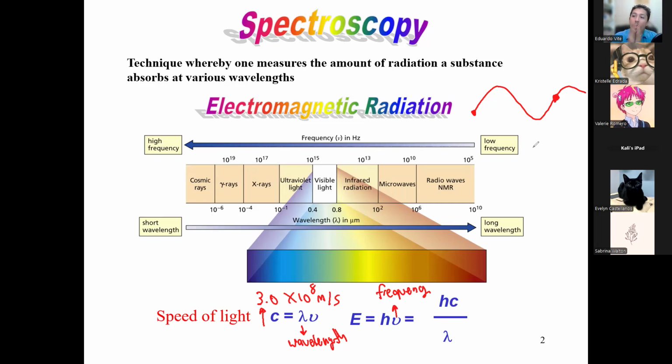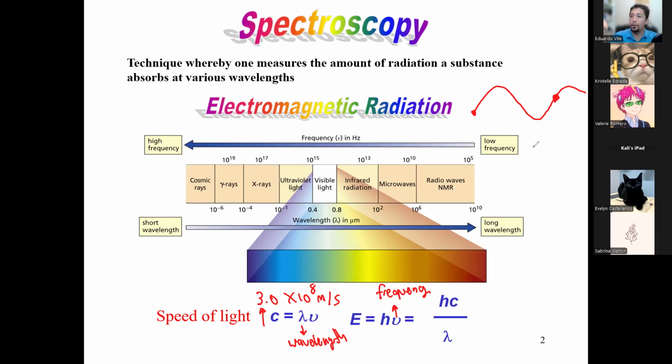So shorter wavelengths have higher frequency and higher energy. Short wavelength, high frequency, high energy. Long wavelength, low frequency, because if you're long, you're barely touching the top and the bottom of the wave.